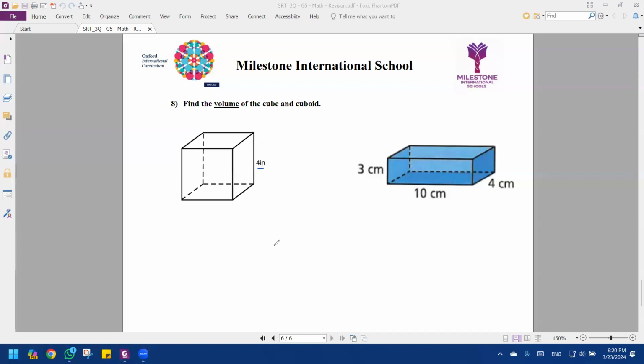As you can see, there is only one value here. It says 4 inches. We said that the cube means it's multiple of squares. In the square, all sides are equal. So this is 4. This side is 4. This side is 4. All the sides are 4. First, we write the formula. The volume is equal to length times width times the height.